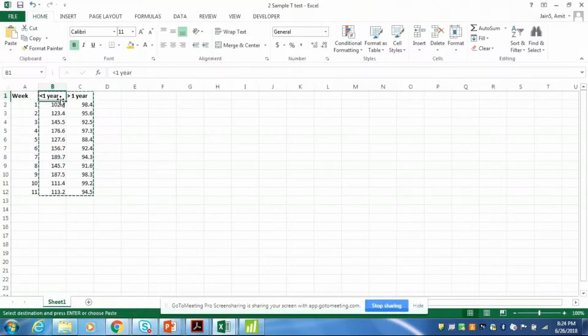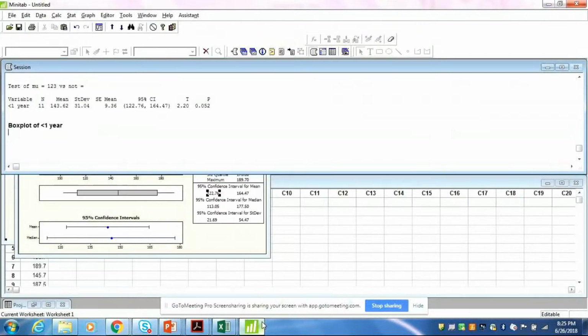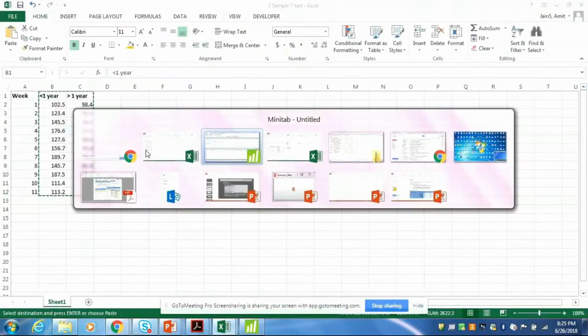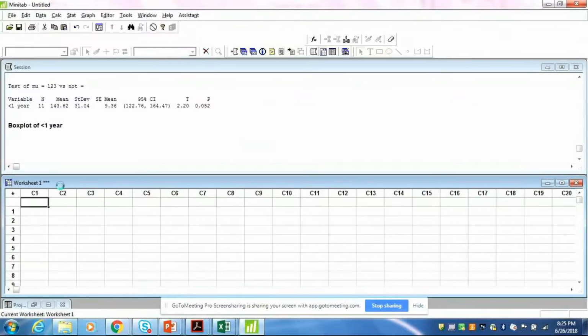So we want to see if tenure of people working in the process is a significant factor or not. Okay, so I'm copy pasting it here. I don't need to delete it. I can keep it like that.